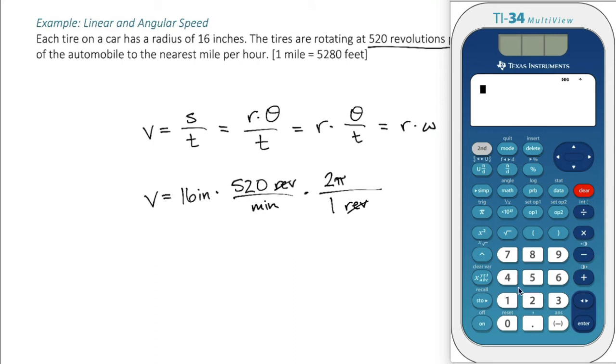I just need to multiply these out: 16 times 520 times the 2 pi gives 16,640 pi, and that was in inches per minute. Now I need to do two things: convert from inches to miles and from minutes to hours. I'm going to do those separately.